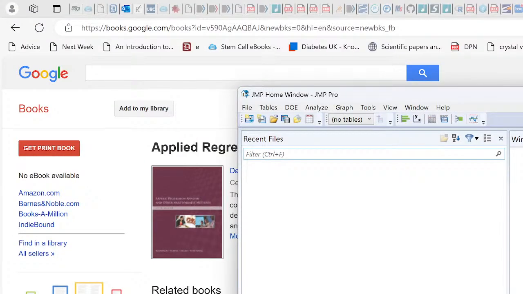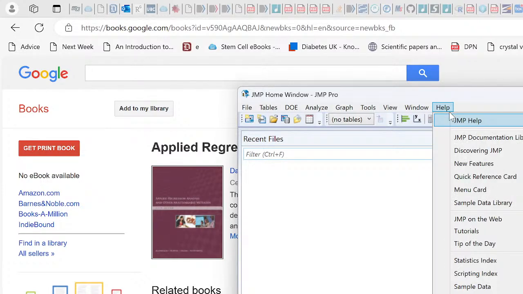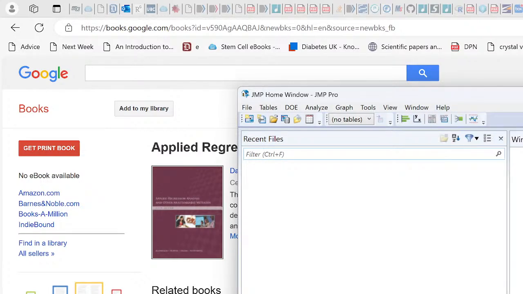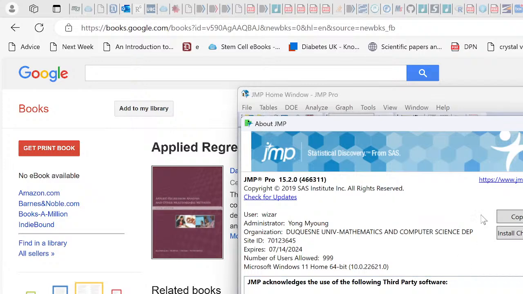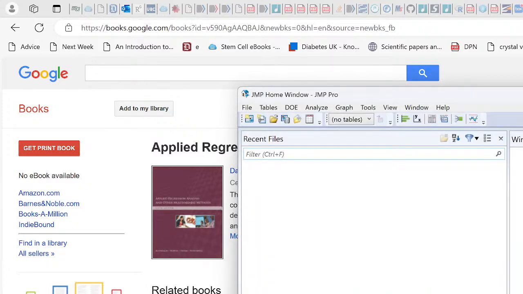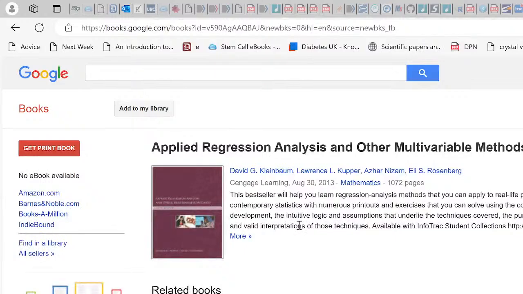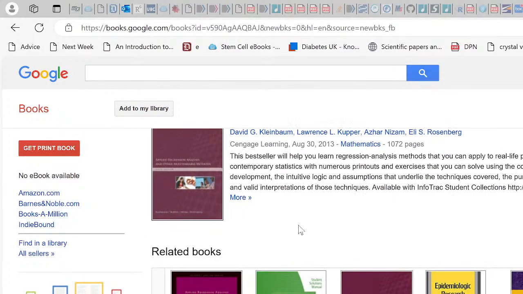JMP is written by SAS. It's the PC version. At Duquesne I think we're up to version 15, but they're well beyond that now, and each version keeps doing more. I can almost do all of chapters 22 and 23 in JMP. JMP requires you to know just a little bit about statistics. It will help you.